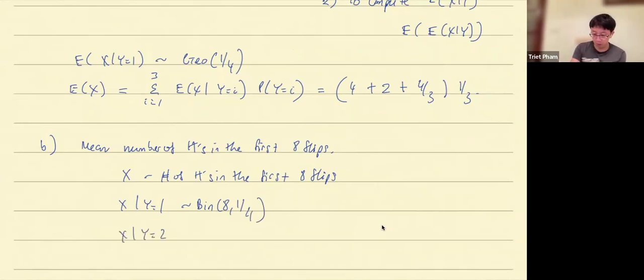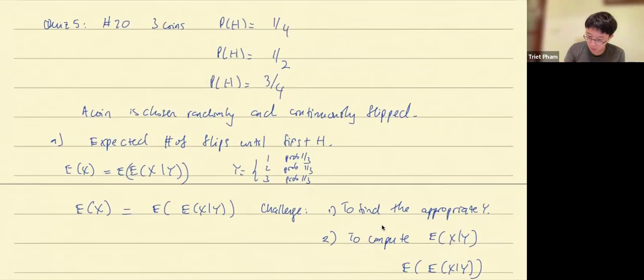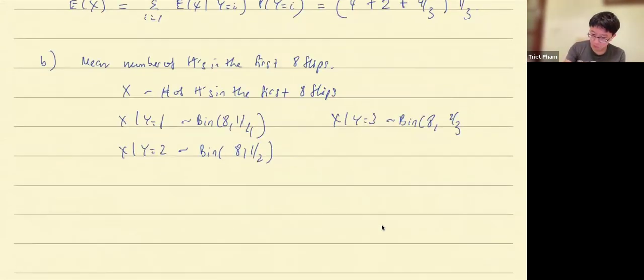X given y equals 2 will be binomial 8, 1/2. X given y equals 3 will be binomial 8, sorry, 3/4.